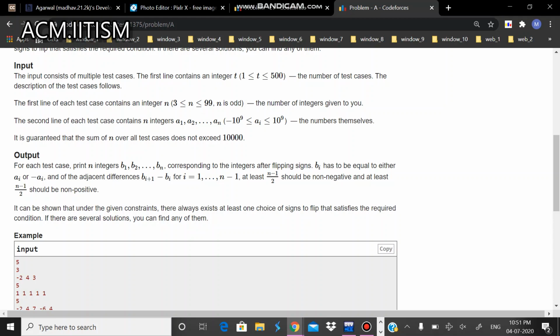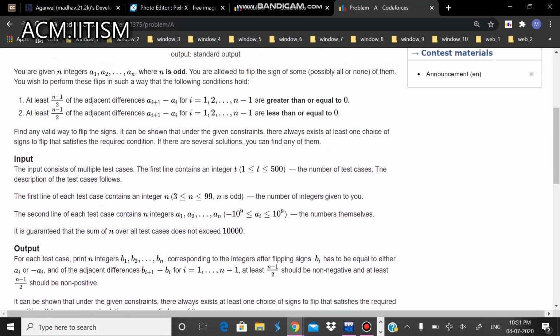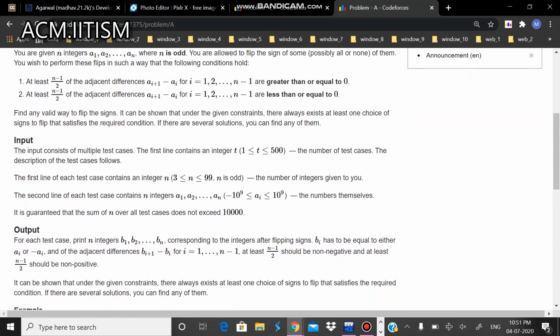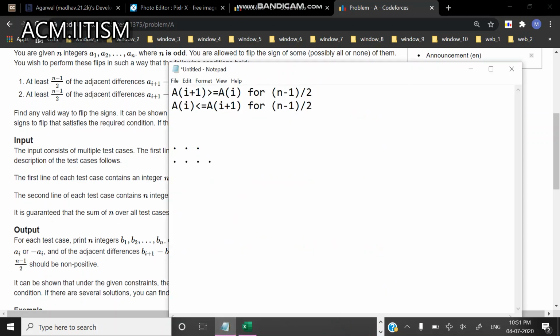Since it is like making half of the elements greater than the previous one and half of the elements less than the previous one, you can relate it to a mountain type structure something like this. My one element is smaller, then larger, then smaller, then larger, smaller, larger, smaller, right?